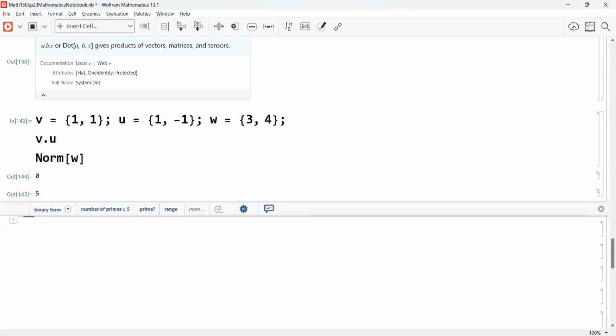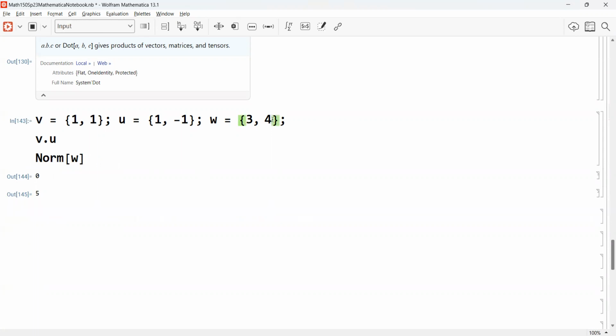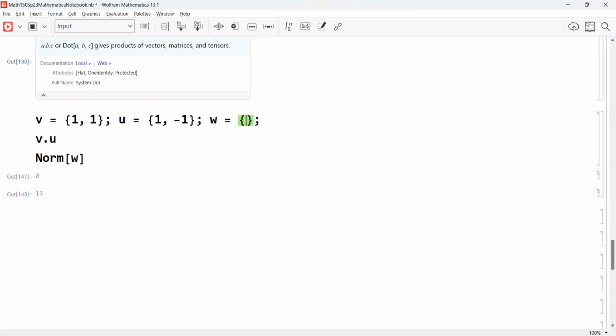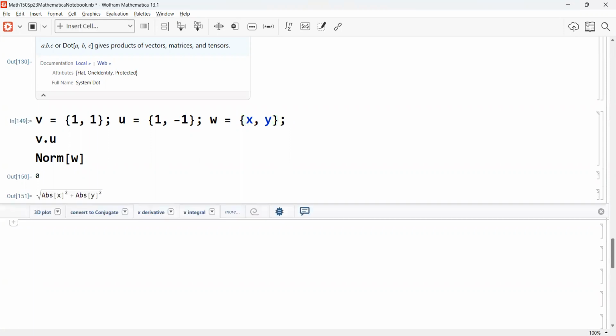So norm of 3, 4 is equal to 5. That's looking promising. Does anybody know another Pythagorean triple other than 3, 4, 5? 5, 12. So let's see if the norm of w is 13. More generally, I can do x comma y. Oh, good. It's giving me the square root of the absolute value of x squared plus the absolute value of y squared.